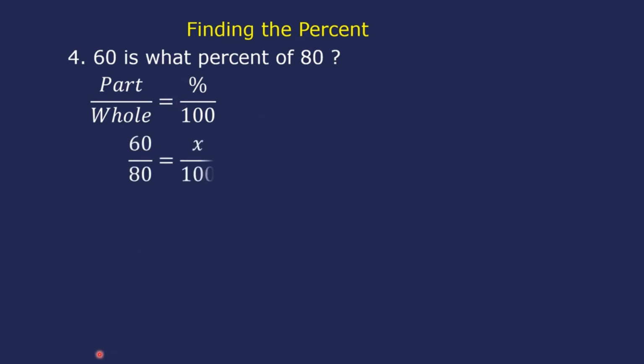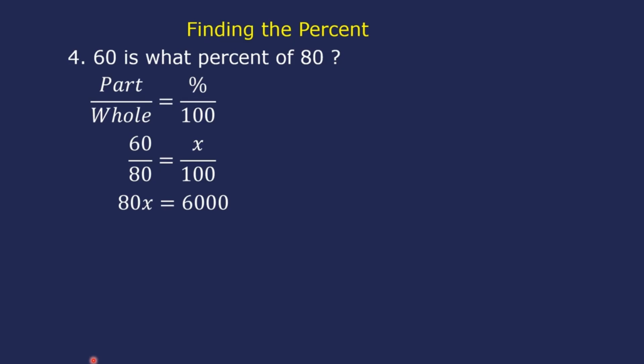So we have now 60 over 80 is equal to x over 100. Cross multiply. 80 times x is 80x. 60 times 100 is 6,000. So we have now 80x is equal to 6,000.